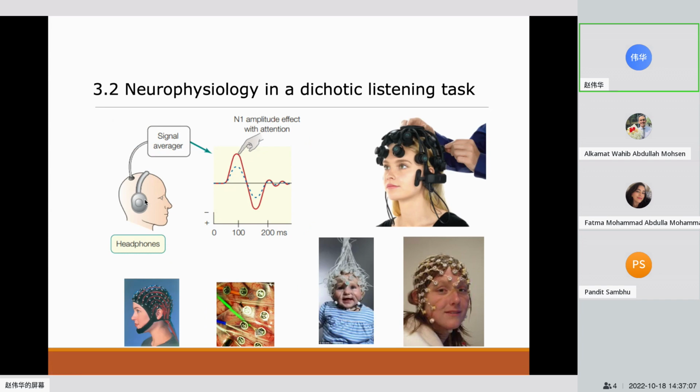As with the previous slides I showed you, it's a dichotic listening experiment. So the participants are asked to attend to right ear sounds and ignore the left ear sounds.